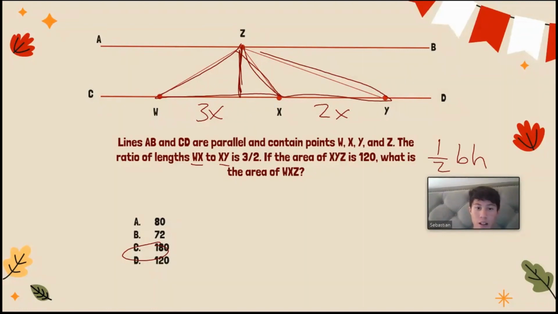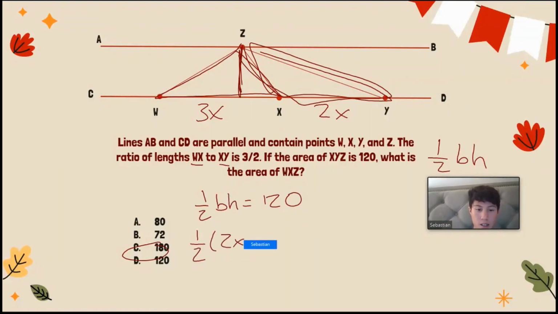So we're given the area of this triangle. We can set our equation 1/2 base times height equals 120. Our base is 2x. Our height is h, and this is equal to 120. So solving for xh, we get x times h equals 120.